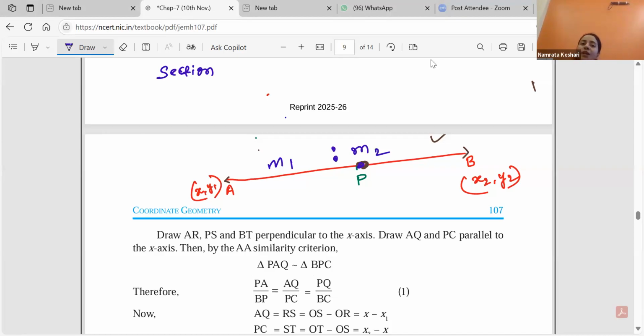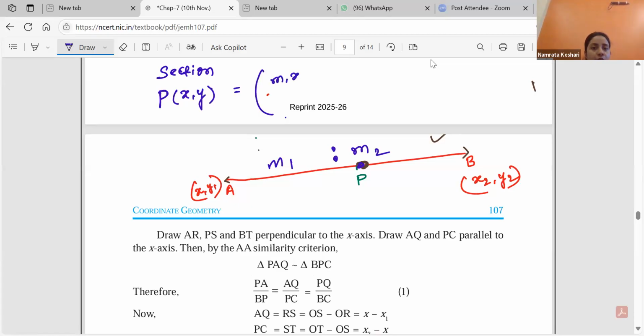If we start discussing where the formula came from, we will devote the total class to it and never get anywhere. So you need to understand how to use the formula, whether you have to find the coordinate of P, or, if the coordinate of P is given, find the ratio.